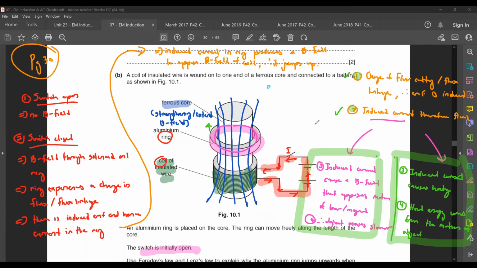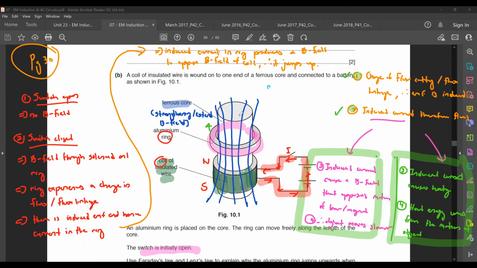Let's say, for the sake of our discussion, this part here is north, this part here is south. When we look at this ring here, we know that before this, there's no flux through it. But now when you close the switch, there's current through it. There's a change in flux, and there's an induced current. So over here, we would have induced current. Wait, let me just try and do this one.